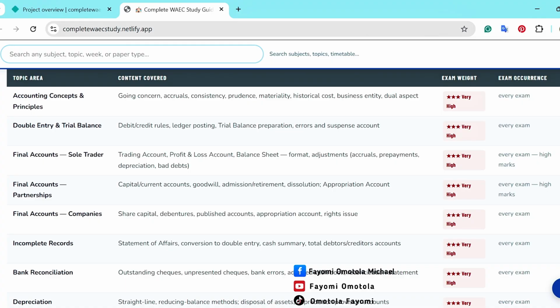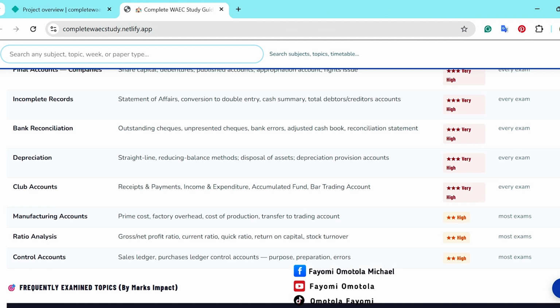Majority of those things in the complete WAEC study show what regularly comes out. That means if you are writing the WAEC this year or preparing for next year, focus on this. When you are satisfied and you solve questions, there's nothing to fear.